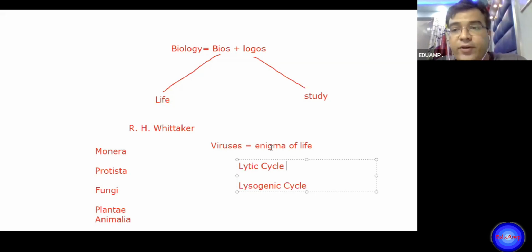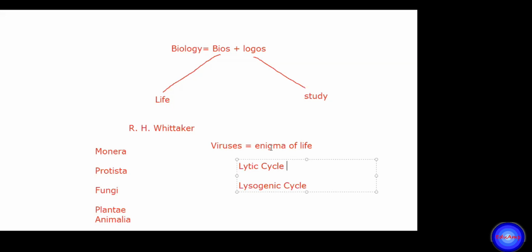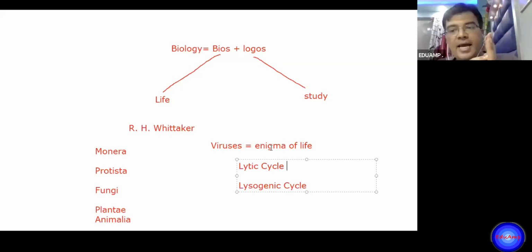The Lytic cycle is the cycle in which the virus enters into our living cell, and what it does is that it starts multiplying. Slowly and slowly, the numbers of viruses increase and they reach up to a threshold level. And when they reach up to a threshold level, they start showing symptoms.